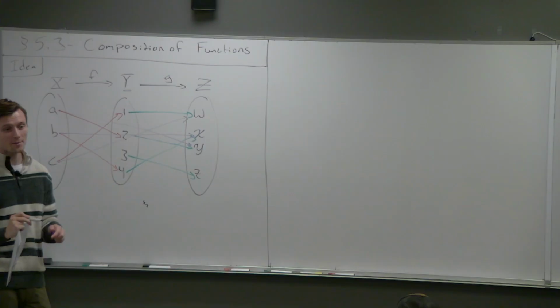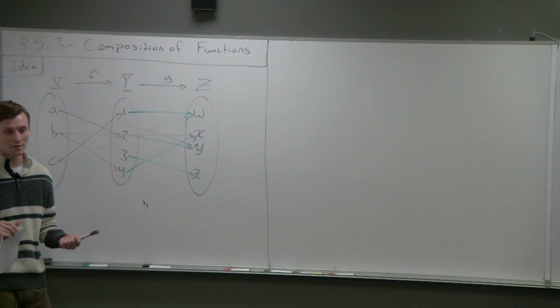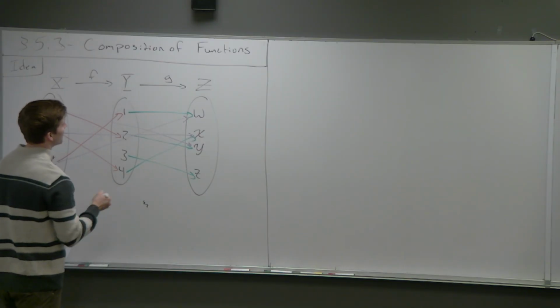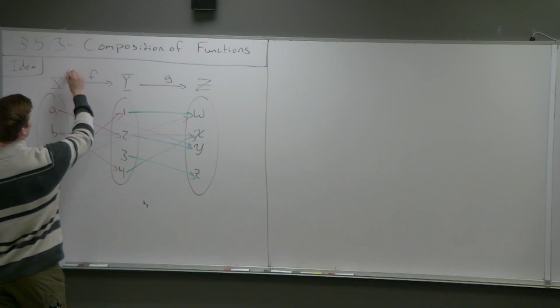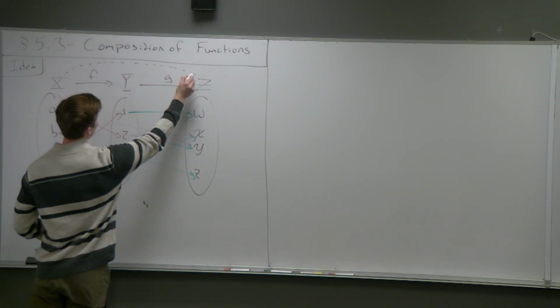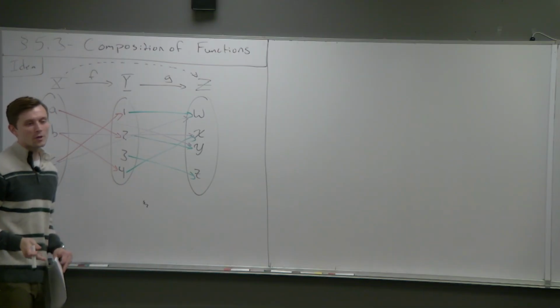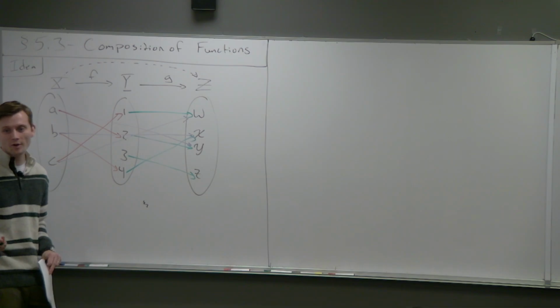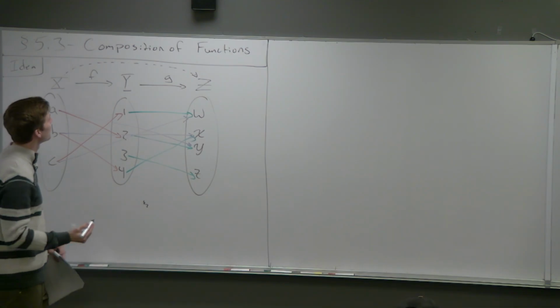Now maybe that looks complicated since we've drawn a lot of lines on top of each other, but the whole idea is that there's this secret function hidden here that you can make by taking two functions and hooking them together by following arrows, following paths. Pretty reasonable.